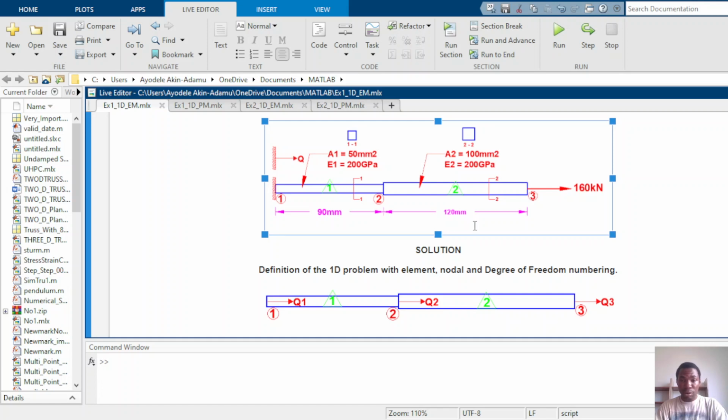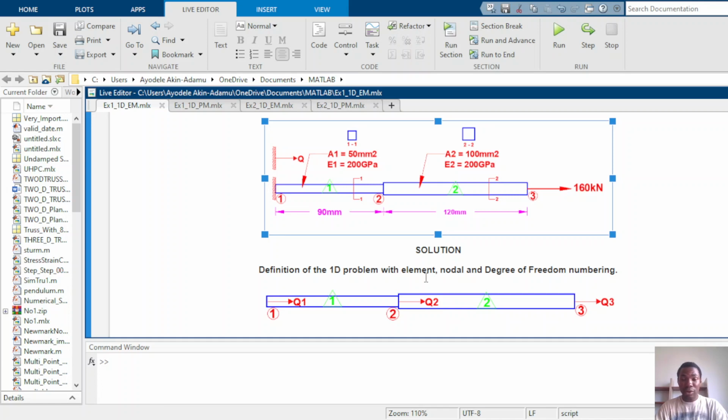So the first step in solving this problem is for us to agree on the number of finite elements we use. The question actually instructed us to use two linear finite elements. We can decide to use more than two linear finite elements, in which case we'll also get the same results, but two finite elements is enough and appropriate to solve this particular type of problem.